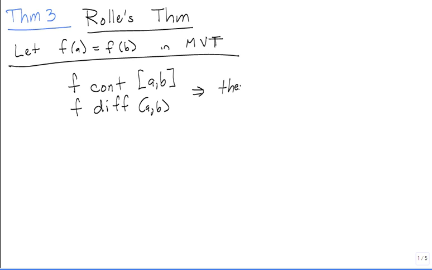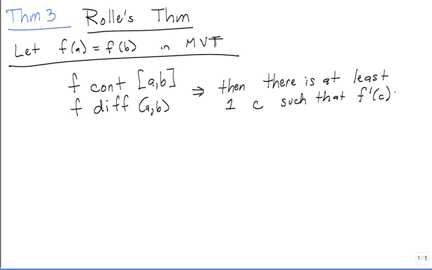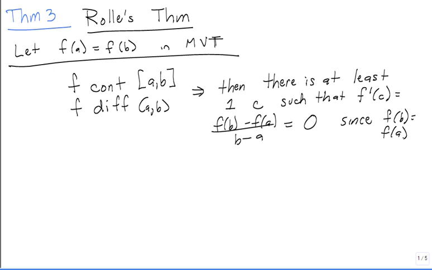Then there is at least one c such that f prime of c equals f of b minus f of a over b minus a, but that's equal to 0 since f of b equals f of a in this case. So there's a place where f prime is equal to 0. That means it has a horizontal tangent line.